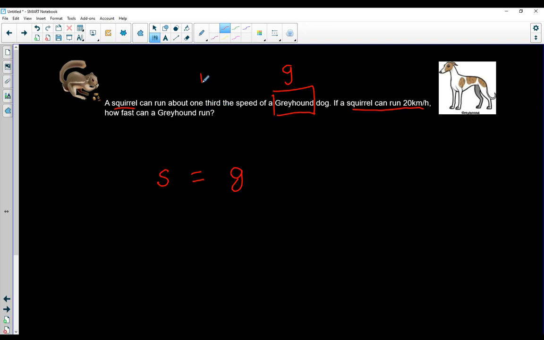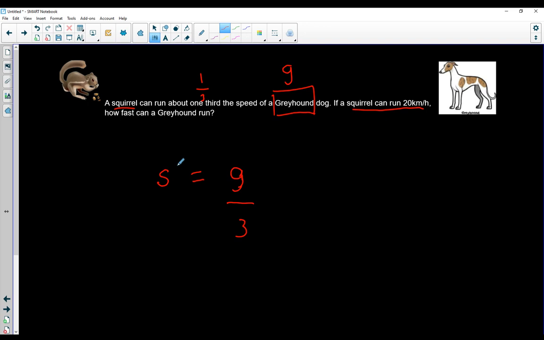Another way of saying 1/3 is to divide by 3, okay? So I'm just going to clean that up there. So another way of saying 1/3 is to divide something by 3. So the greyhound's speed divided by 3 equals the speed of the squirrel.